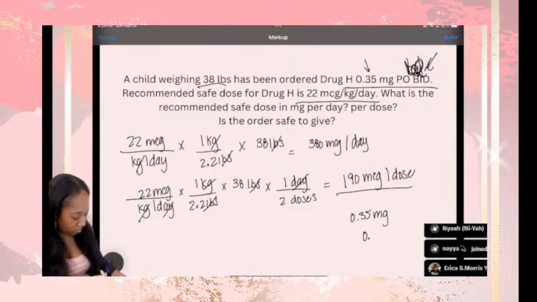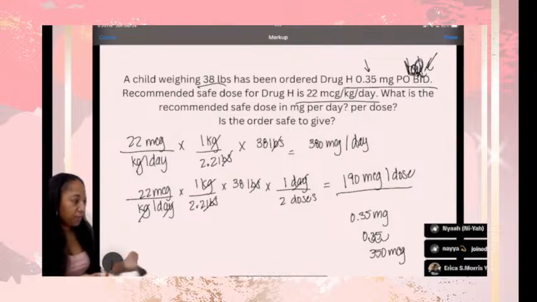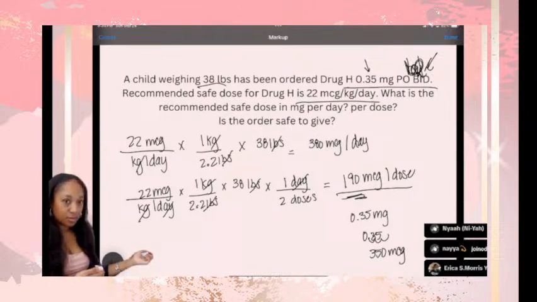So 0.35, it's going to be 1, 2, 3. So that's going to be 350 micrograms. That 350 micrograms is more than what's recommended. Just remember, this is what we got for our dose. We can only have this much in a day.